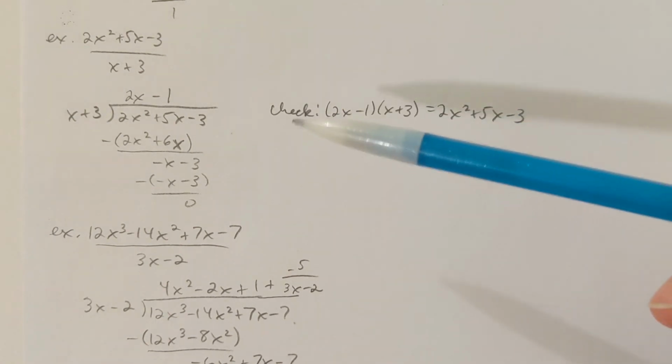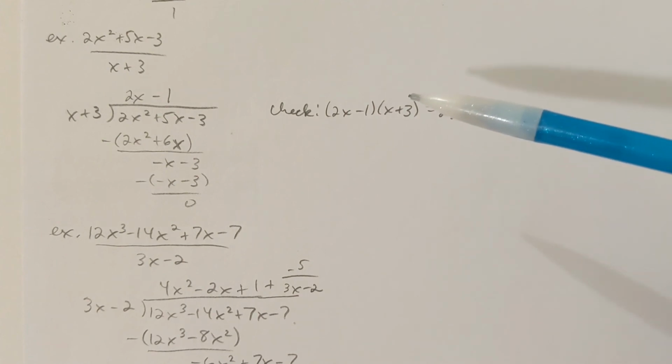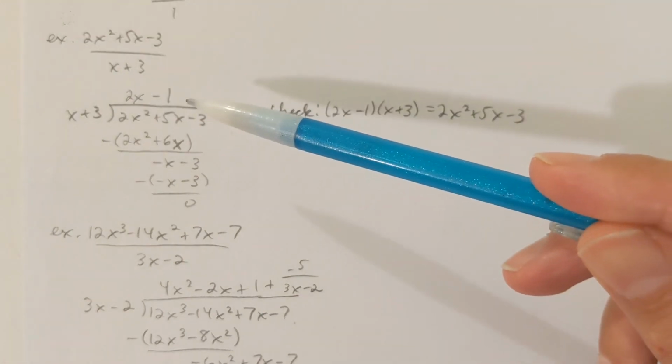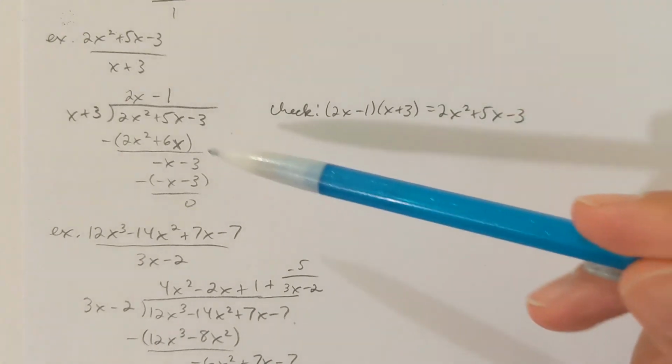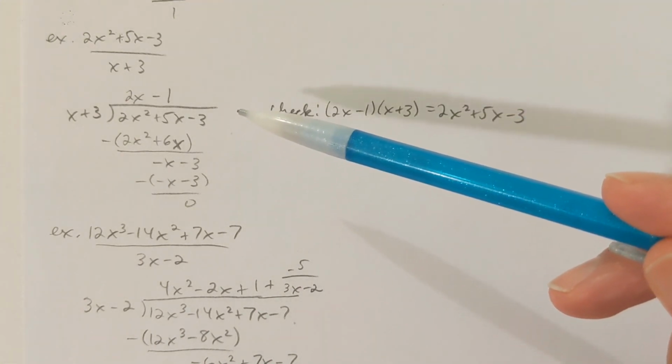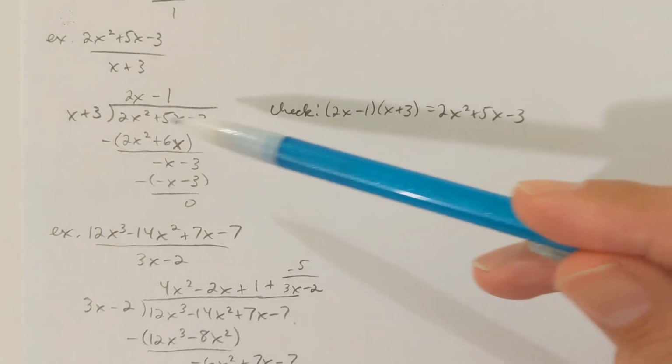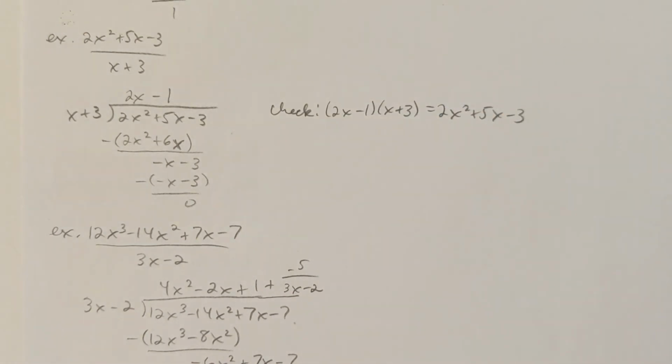And I can easily check that if I take what I think is the answer times the divisor, I should get the dividend, which is the expression underneath the division bar there.